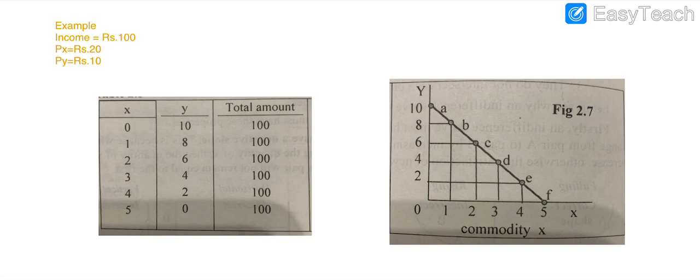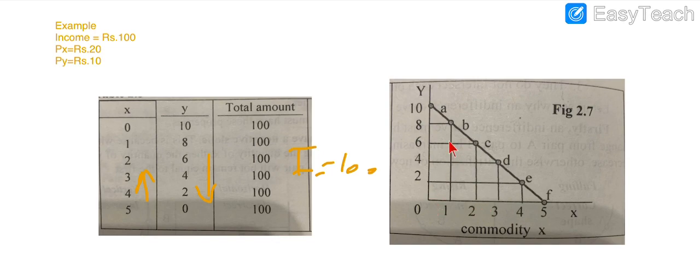If the consumer wants to increase the units of X, he has to reduce the units of Y for equalizing the budget because his income is equal to 100. And here you can see the budget line which we draw between Y and X.